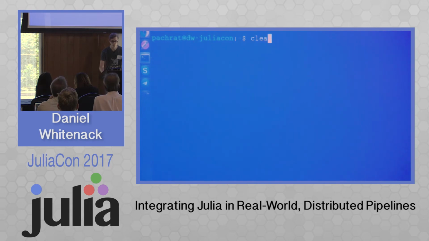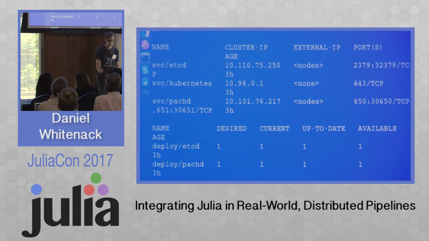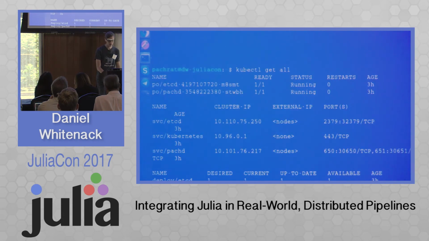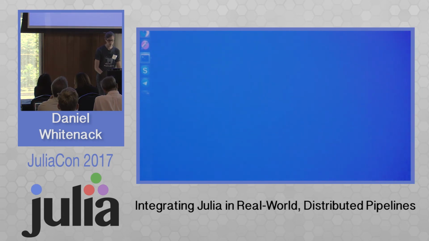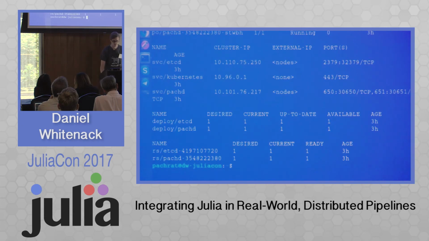But just to note, if you do kubectl get all, it will show you what the Kubernetes cluster looks like. There are a couple of pods running. Pods just means the containers that are running in Kubernetes.